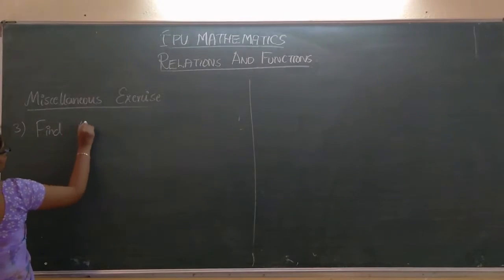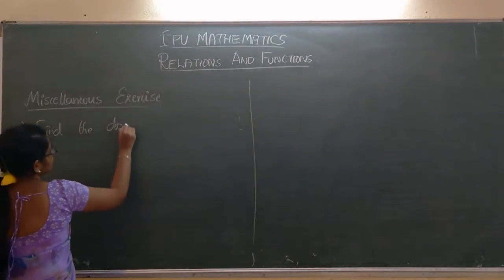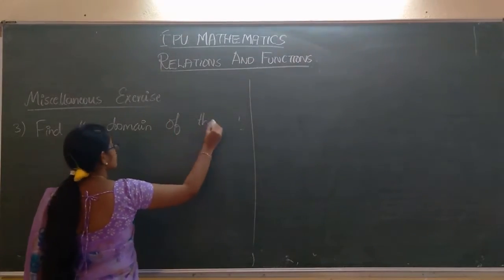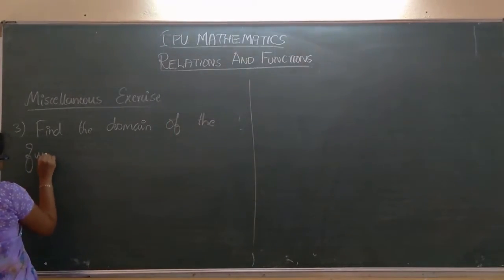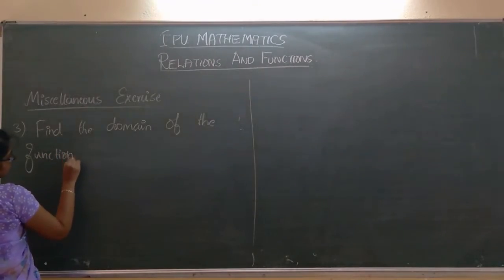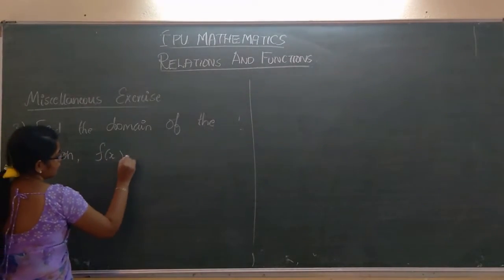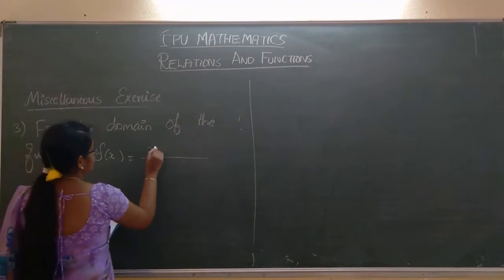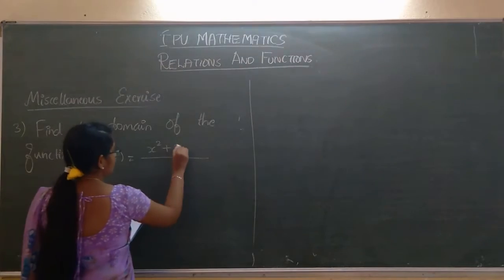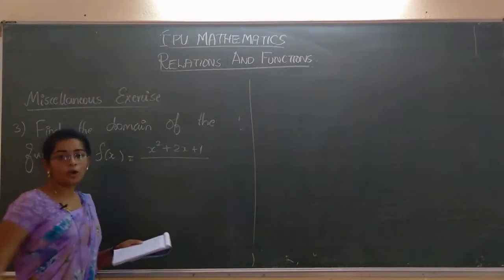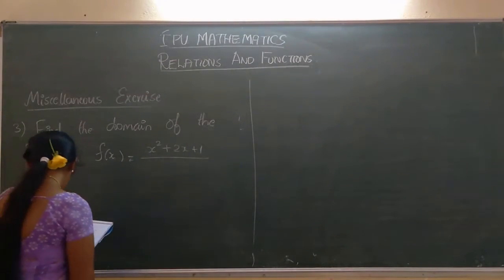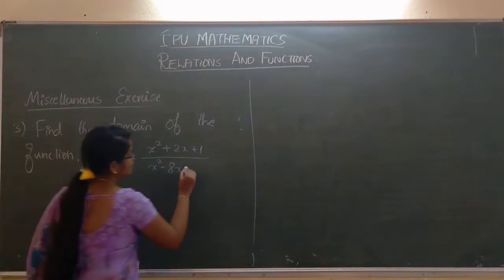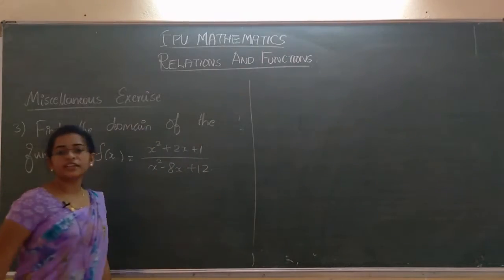The function f of x is equal to, it is a rational function, x square plus 2x plus 1. In the denominator what I have? x square minus 8x plus 12. This is the given function.